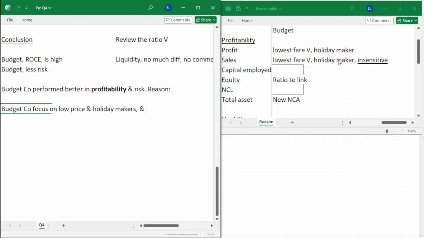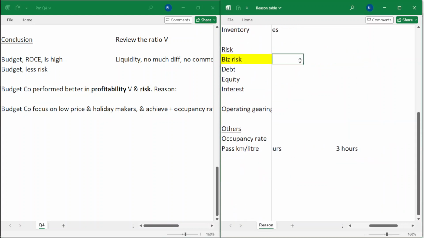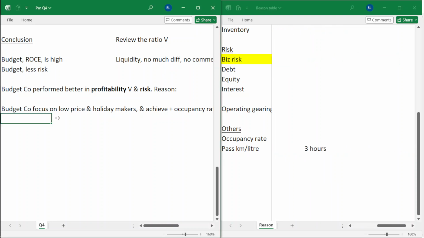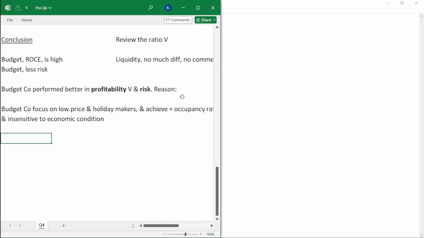And maybe you can put a ratio related to achieving a higher occupancy rate. Profitability you are done already. Part two, risk. For the risk, maybe we can talk about the business risk, and insensitivity to economic conditions.